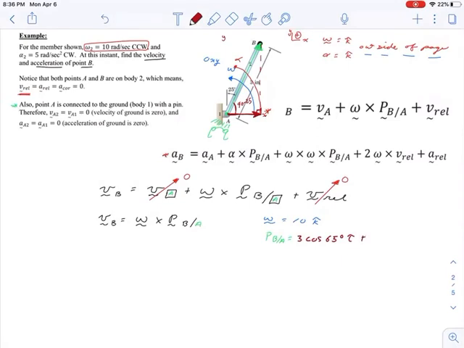Y direction is going to be positive as well. And we're going to go up here just like that. And so this would be R, which is 3 inches, sine 65 degrees, and there is no K component. Okay, looks good.